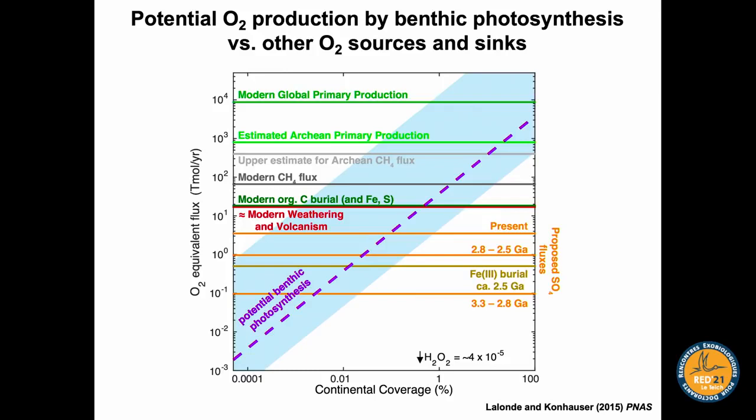It turns out that you only need small degrees of continental coverage, what you see down here on the x-axis on the right, to generate oxygen equivalent fluxes that are easily sufficient to account for the sulfur fluxes that we saw 2.8 billion years ago, or to account for other important steps in the oxidation of the Earth's surface system.